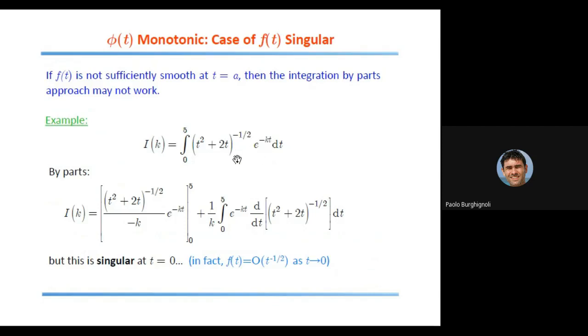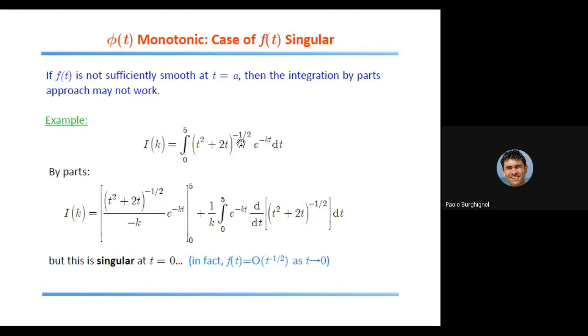Now, if you try with integration by parts, which is the simplest asymptotic technique, so it's the first thing to try usually, then you will discover that the finite term, the one here in square brackets, actually contains the term t squared plus 2t to the -1/2, and this term, being the inverse of a square root of something that goes to 0 as t tends to 0, is singular at the lowest boundary. That is, if you try to enforce t equals 0 here, you will find infinity, which is nonsense. Okay, so you cannot integrate by parts.